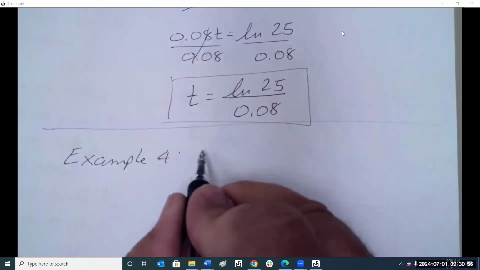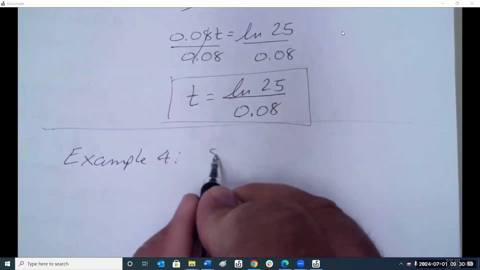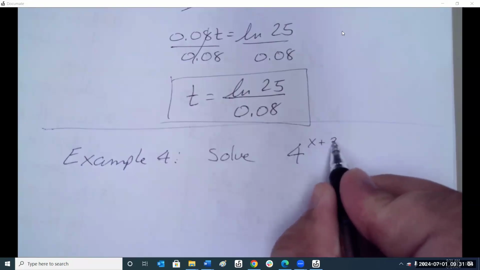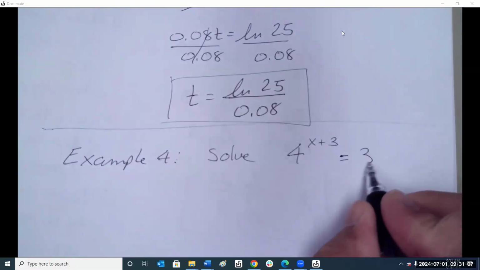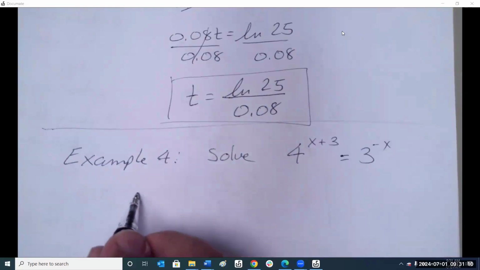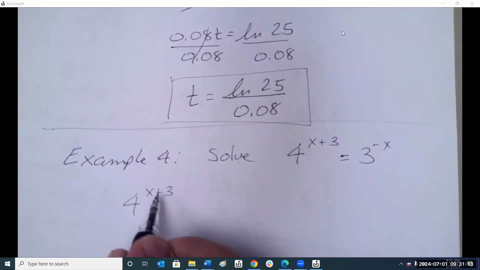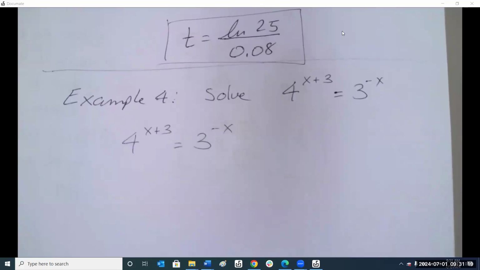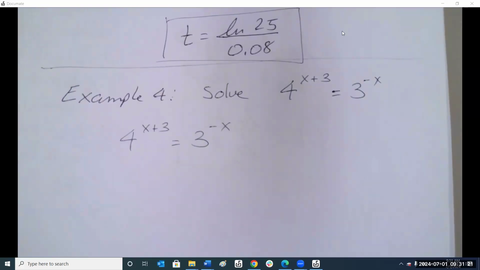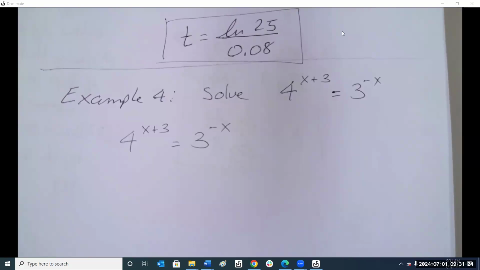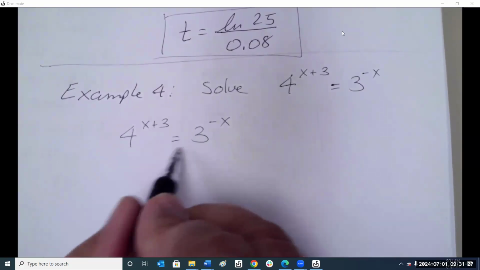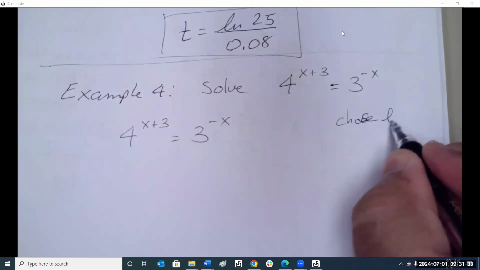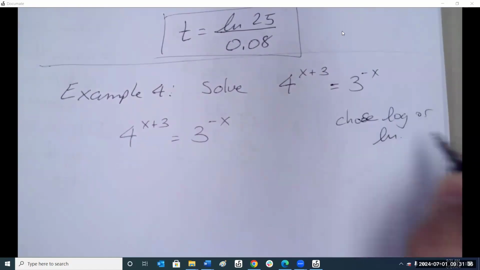Example 4 shows us what if you have two separate bases in your initial equation: 4 to the x plus 3 equals 3 to the negative x. So again, since you have different bases, you can choose either log or ln.